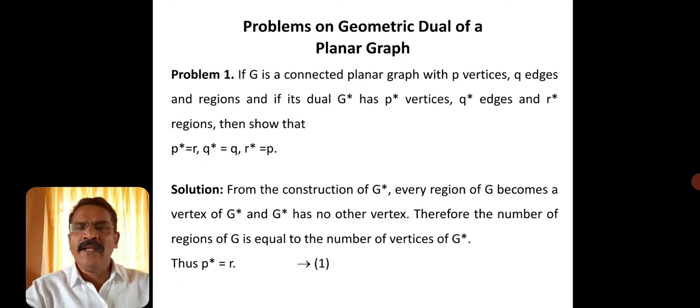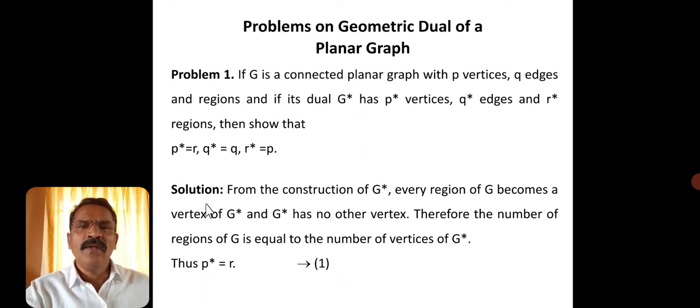Then you have to identify the edges which are common between two faces, and crossing that edge you join those two faces, and for a bridge you consider one loop for that particular face. So that was the procedure to construct the geometric dual of a plane graph.